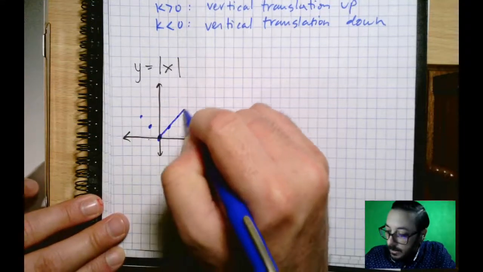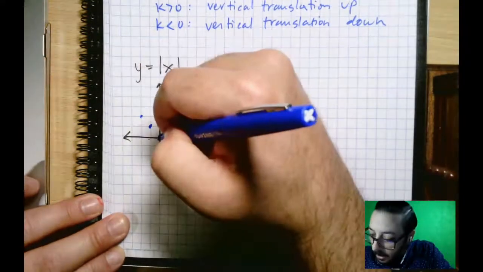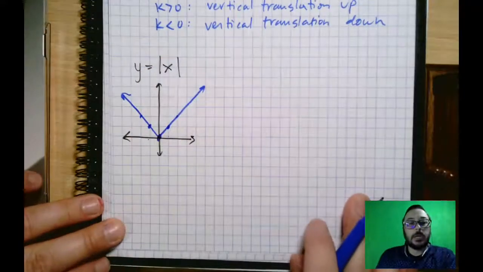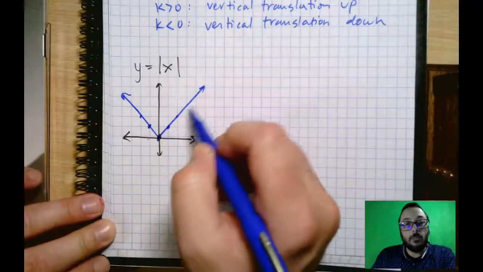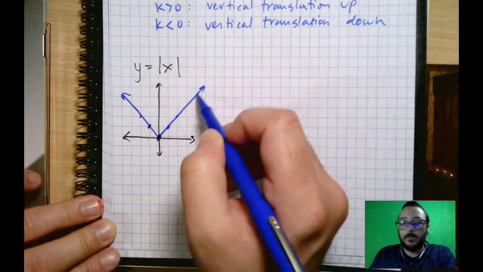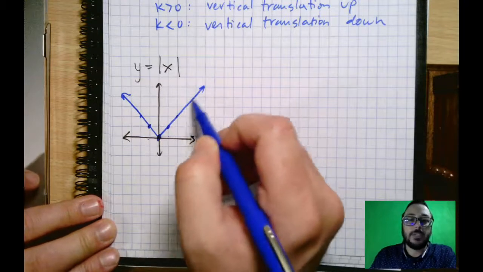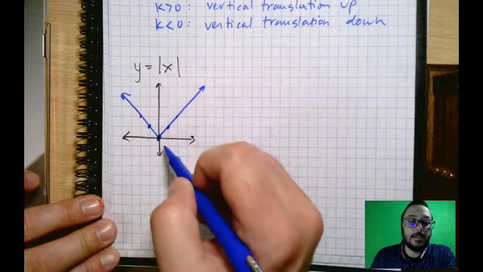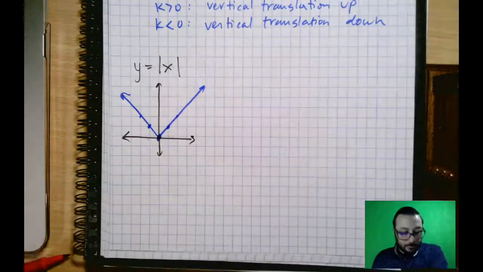So this is our parent function of the absolute value of x. Notice the slope of this side is 1. It's really helpful to know what the slope of each side of this is. So this is 1. The slope of this side is negative 1. That's going to come in handy.